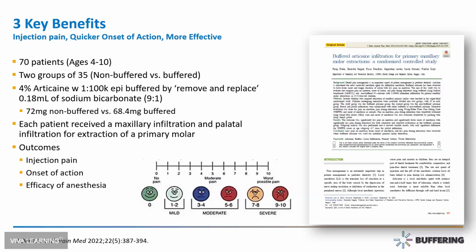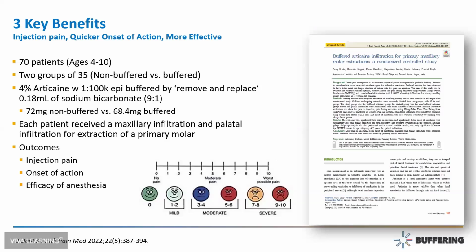They took out 0.18 mL and replaced it with 0.18 mL. It's a 9 to 1 because you remove a little bit of local anesthetic and replace it, giving 60.4 milligrams for the buffered local anesthetic. Each patient received a maxillary infiltration and a palatal infiltration for extraction of a primary molar. Outcomes were injection pain, onset of action, and efficacy of anesthesia.